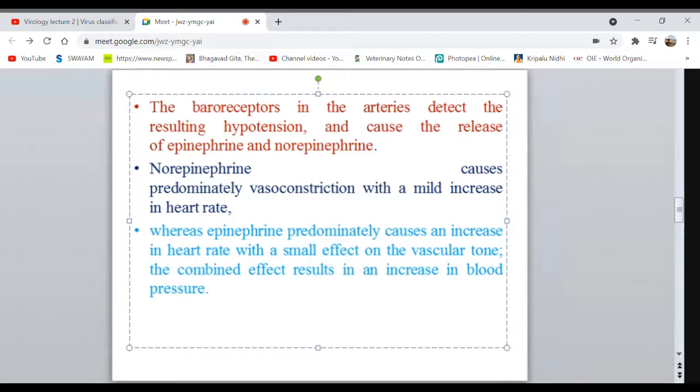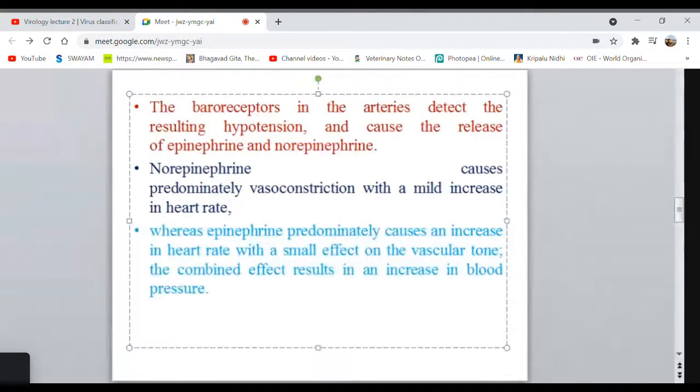Now we have discussed the initial phase and the compensatory phase. In the compensatory phase, the baroreceptors play an important role. They detect the hypertension and cause the release of epinephrine and norepinephrine. Norepinephrine predominantly causes the vasoconstriction, also a mild increase in the heart rate, not severe, mild.